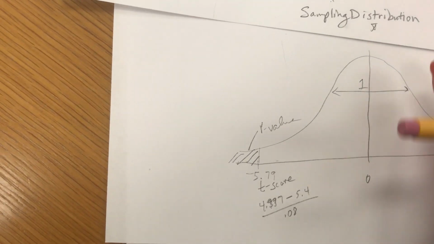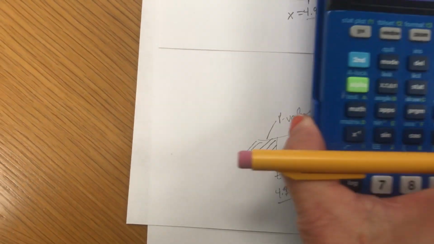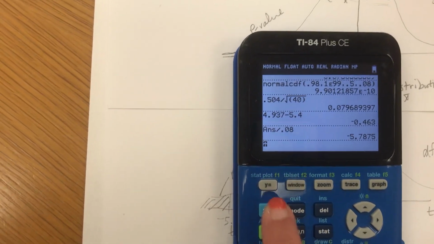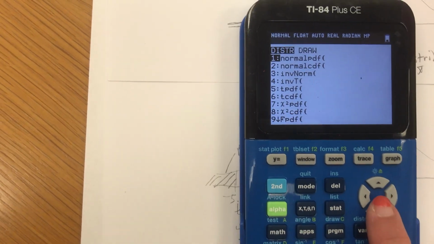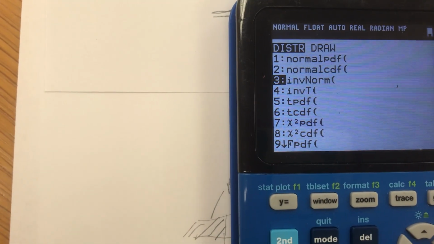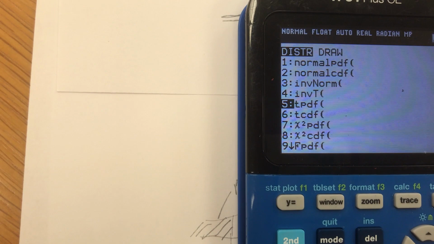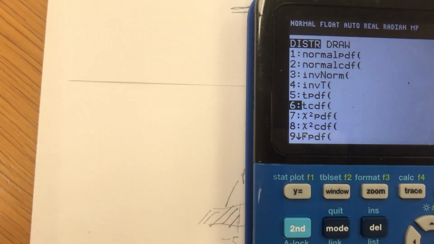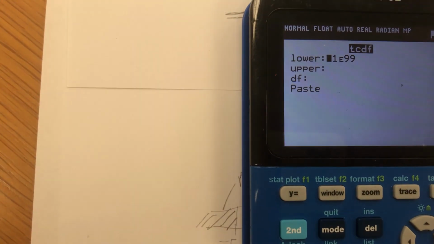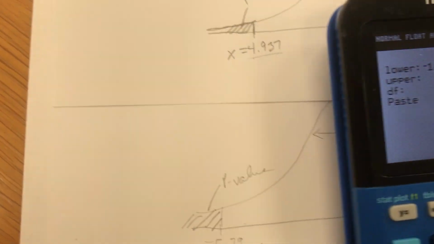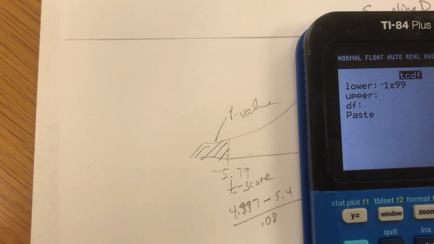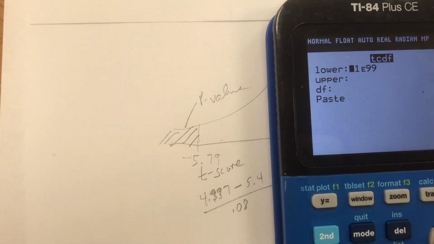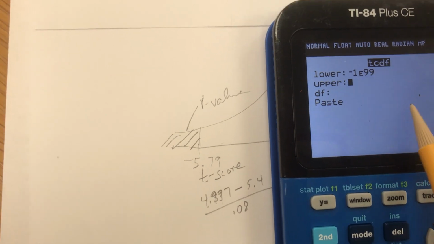So the strength of my evidence is going to be the p-value. That's the area under the curve. So I'm going to use second distributions. I'm going to look for tcdf, because I'm using a student t distribution, not the height of the curve, but a cumulative density function. That's what I need. It says, where would you like me to start shading? I'd like you to start shading at negative infinity. That's my idea of negative infinity. Good. Where would you like me to stop shading?